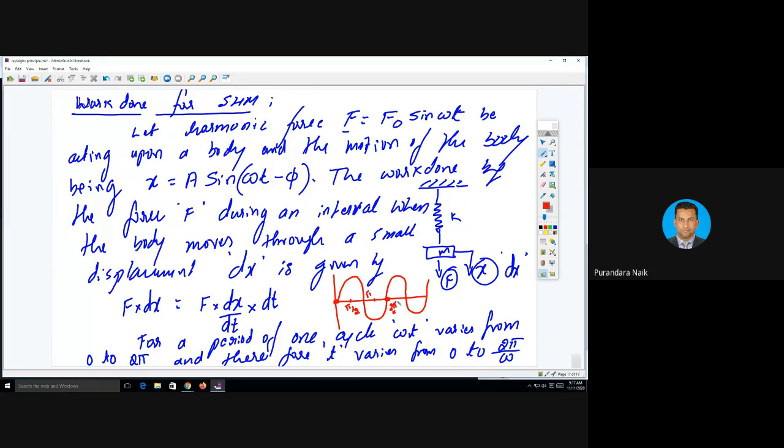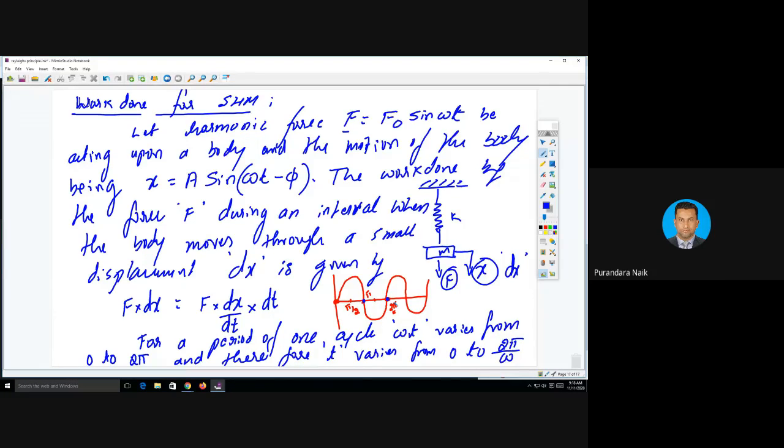Half cycle takes pi, and the full cycle is 2 pi.